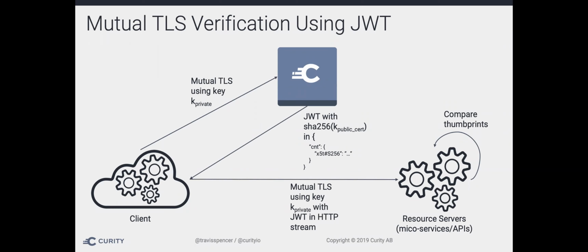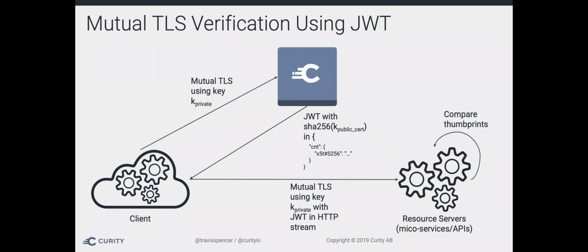So now we'll talk to the API, and what it will send through that mutual TLS connection is the JSON Web Token together with the stuff that you've defined in your API message. And so then on your resource server in your API, you'll look inside of the authorization header, in the HTTP header, and you'll grab that JSON Web Token, and you'll check the hash of the certificate that Curity computed.